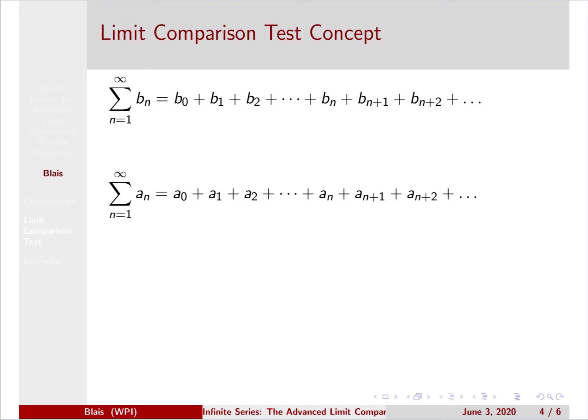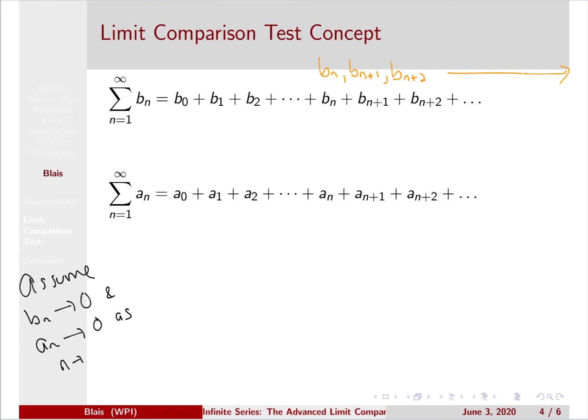To illustrate it again, let's assume, to make this simpler, that the b sub n's go to zero and the a sub n's go to zero as n goes to infinity, just to understand the test. So in that case, we're saying the b sub n's go to 0 too slowly.